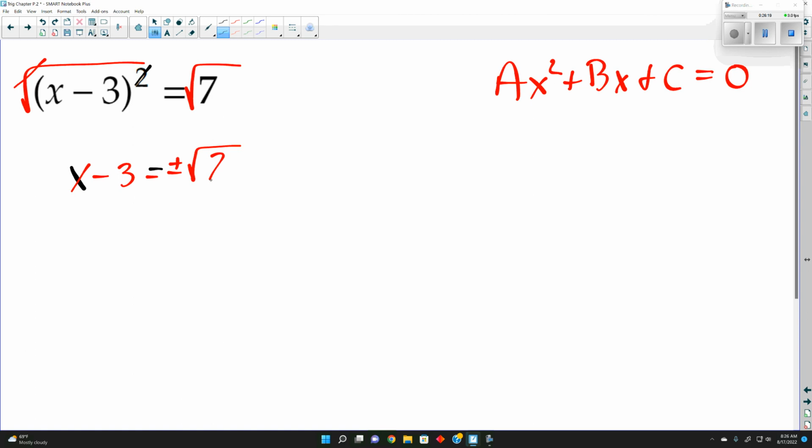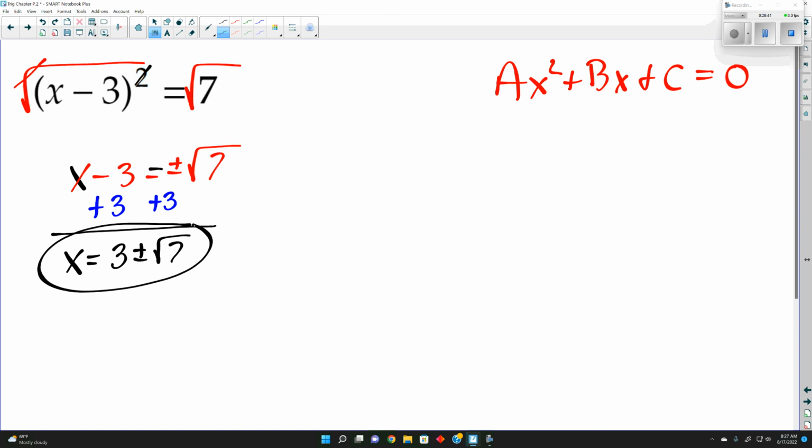And that's why this is nice, because now that exponent's gone, and we are pretty much one step away from the solution. It's a little bit easier to work with. The only thing we have left to do is to add 3 to both sides. So x is equal to 3 plus or minus the square root of 7. And that's going to be the final answer. That's as far as we can take it.